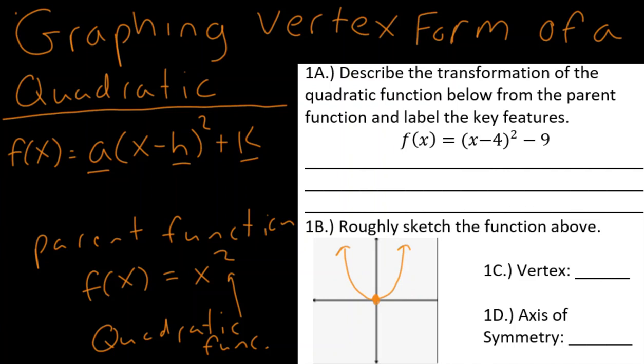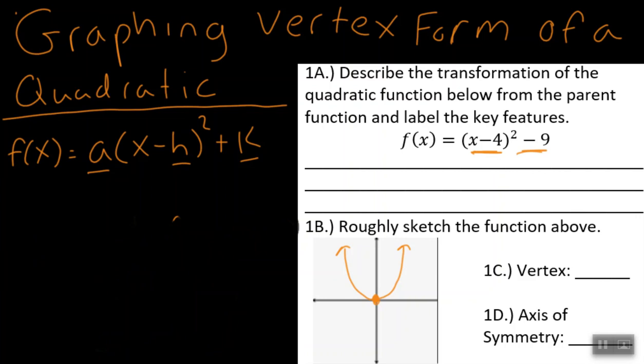Now, from here, anytime you do anything to x², like for example, let's look at our example we're about to work with. Here we have subtracted 4 from the x value, and we've subtracted 9 from the entire function. That is going to change the graph somehow. So let me give you a quick rundown of how these letters change the outcome of our graph. Whenever we see this a value, if it is a positive a, we'll say that our graph opens up.